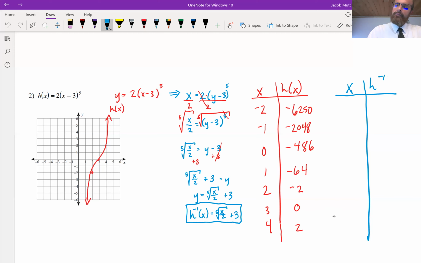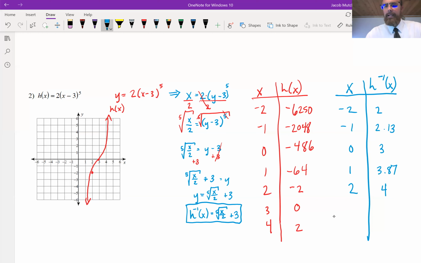Now for the inverse, we were good to go with -2 through 2. We didn't have to extend that table at all. There were some irrational values though. So -2, 2 is very rational, but -1, 2.13, 0, 3, 1, 3.87, and 2, 4.